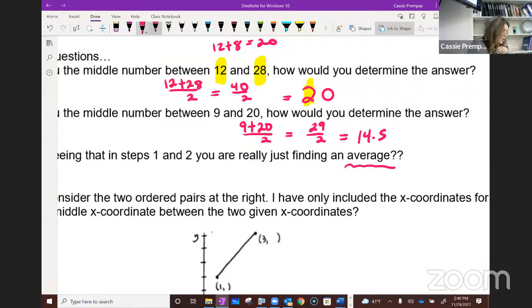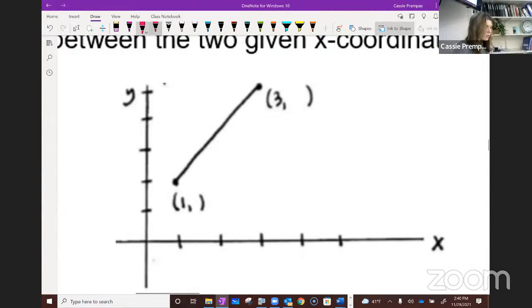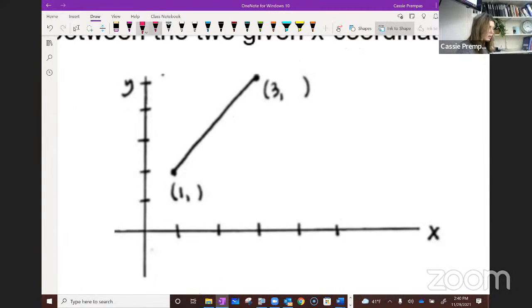Let's take a look at these 2 points and think through just the x values and then the y values. Looking at these 2 points, I didn't give you the y coordinate, but I told you that the x is 1 and 3. What would be the middle x between 1 and 3? 1.5 would actually be right here.